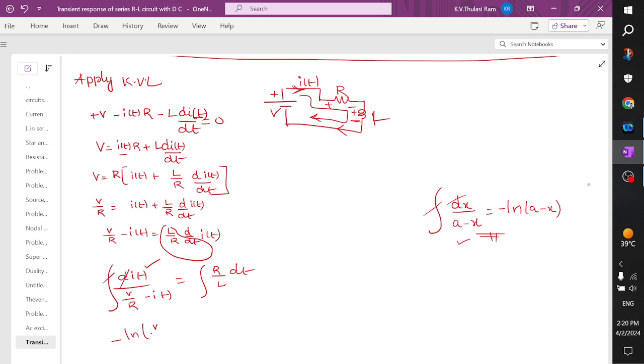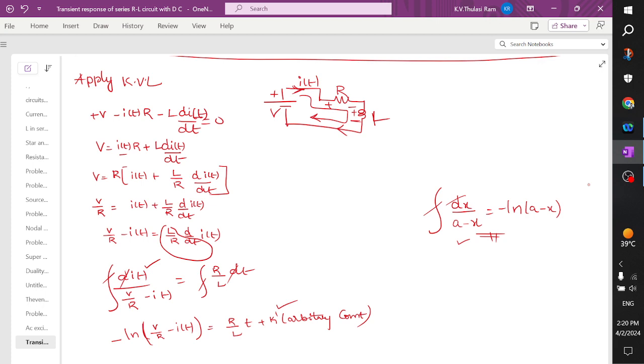A is v by r minus I of t is equal to, so here r by l is a constant, differentiation and integration get cancelled, r by l into t plus we have to write down a constant k dash, this is called the arbitrary constant. Now we need to find out this k dash.